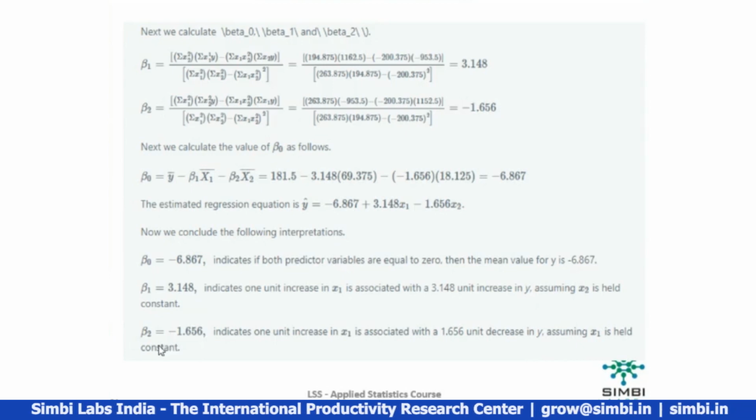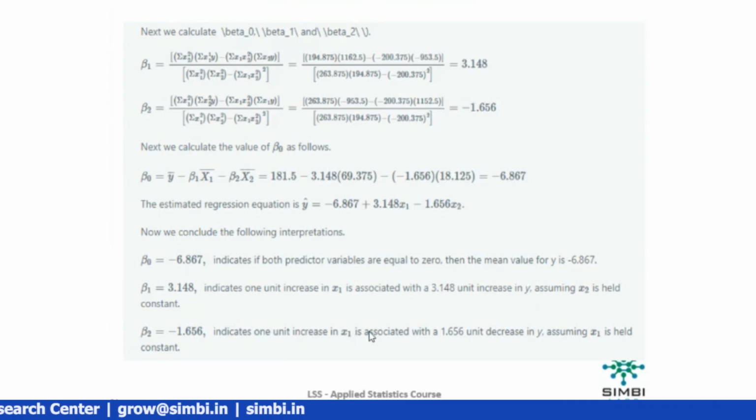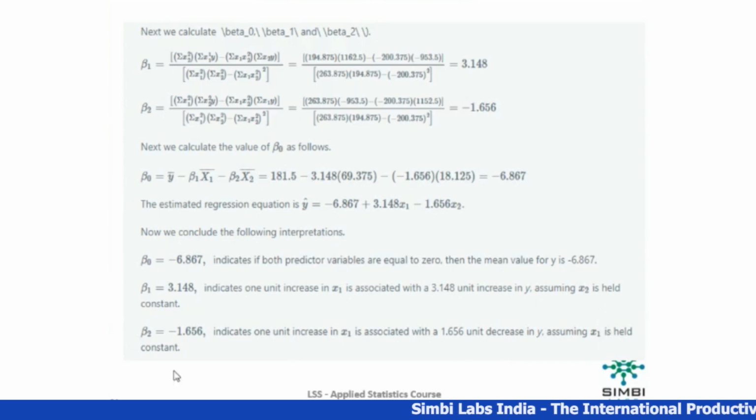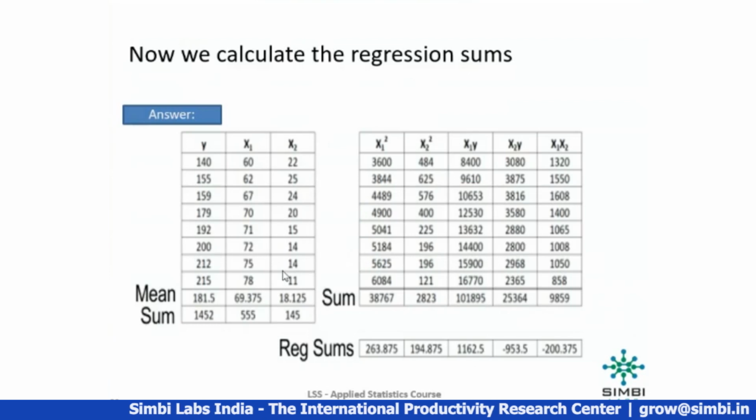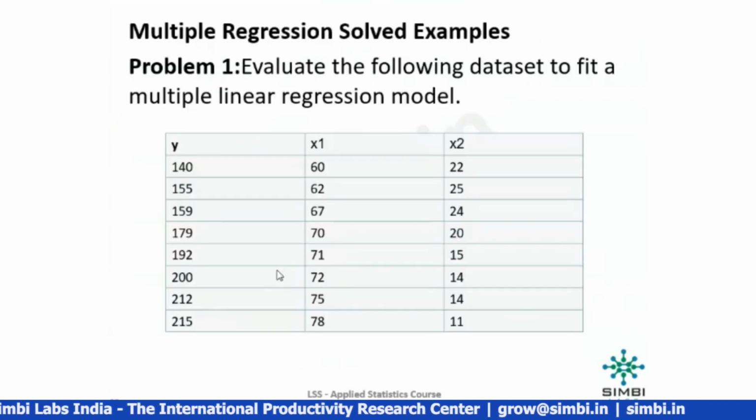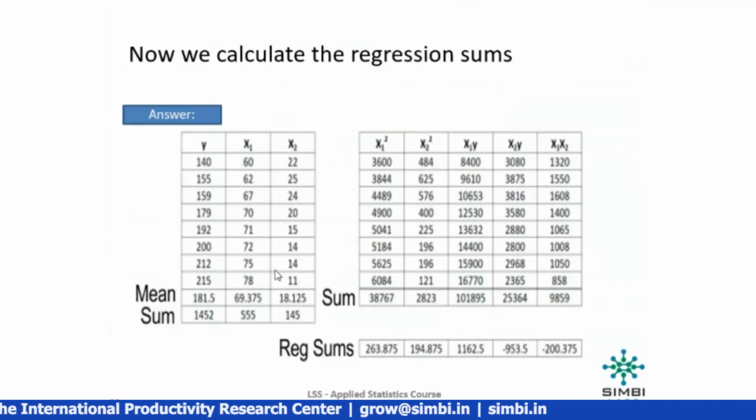For the other value, minus 1.656, it indicates a 1 unit increase in x2 is associated with a 1.6 unit decrease in y. So we can assume that the other independent variable x1 is held constant. Like that we can calculate the data by following the regression equation.